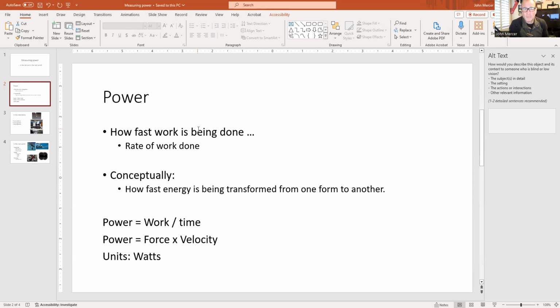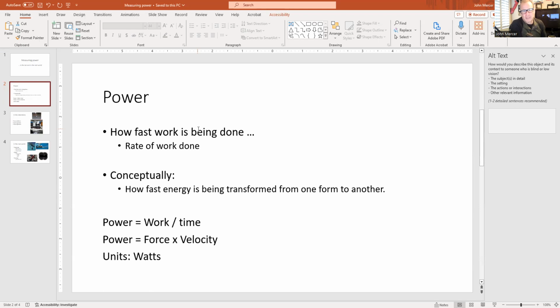A 100-watt light bulb is obviously brighter than a 30-watt light bulb. A 100-watt light bulb is transforming the electrical energy faster than a 30-watt light bulb from electrical energy to light energy. And there are all other forms of transforming energy, and how fast we're transforming energy from one form to another is, in essence, power.